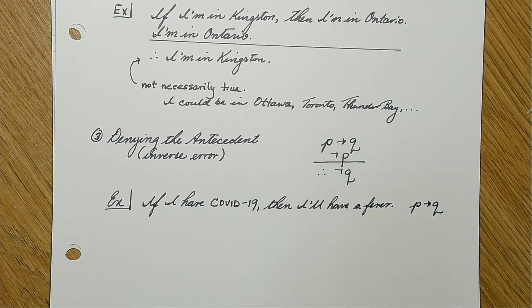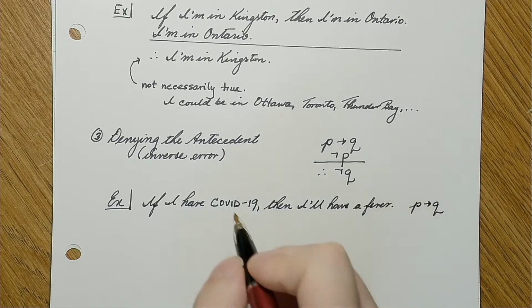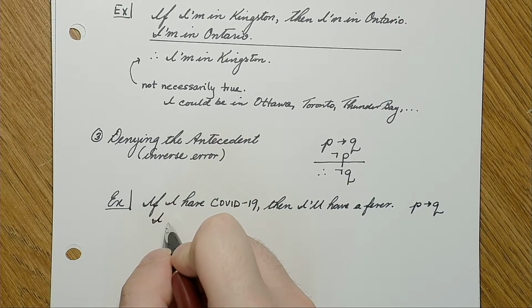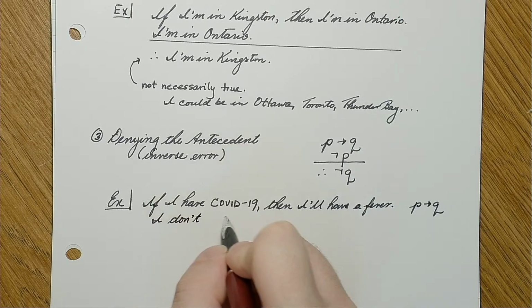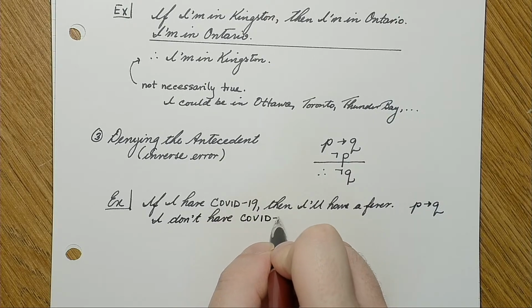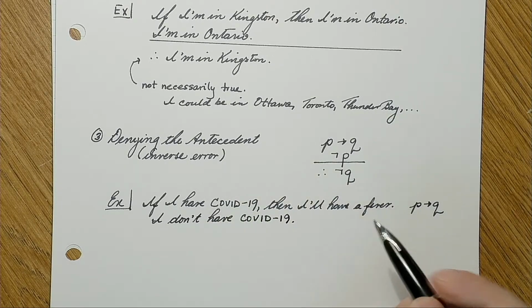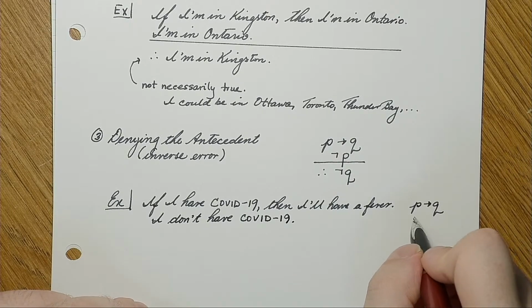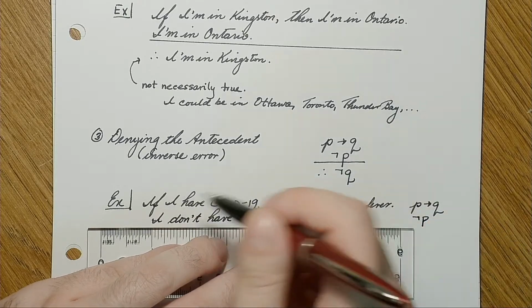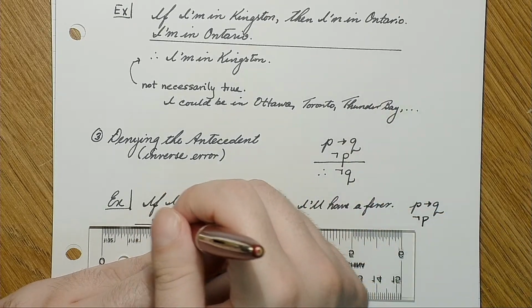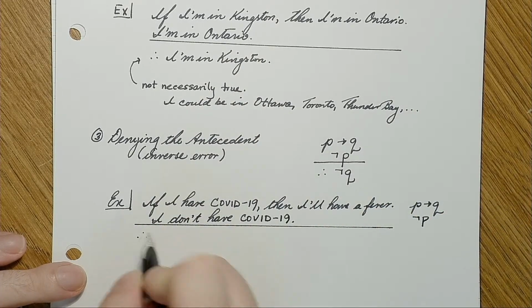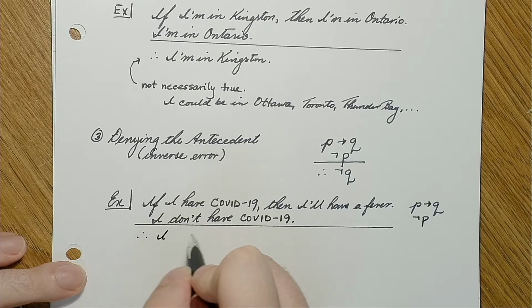We'll assume that this is true. Then we'll say that I don't have COVID. So that's a not P. So therefore, I don't have a fever.